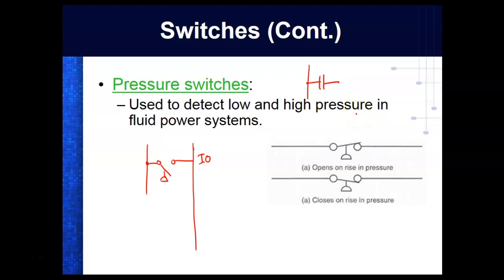Or vice versa, depending on what we're looking for. If you don't know these symbols, you couldn't draw how you wire them up, or you couldn't wire up a PLC because you wouldn't know what symbols they represented, right? So this is why in programmable controllers, not only do you have to learn the symbols of the programming language, you also have to learn the symbols of the devices that we connect to the PLC.